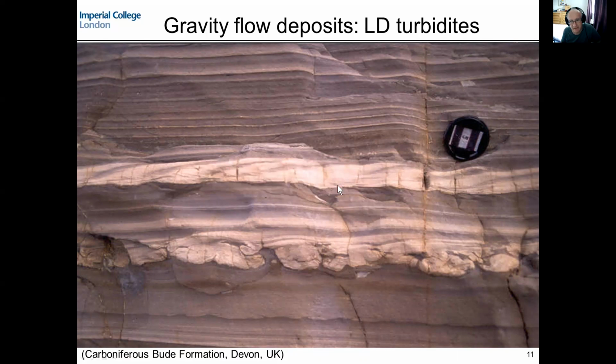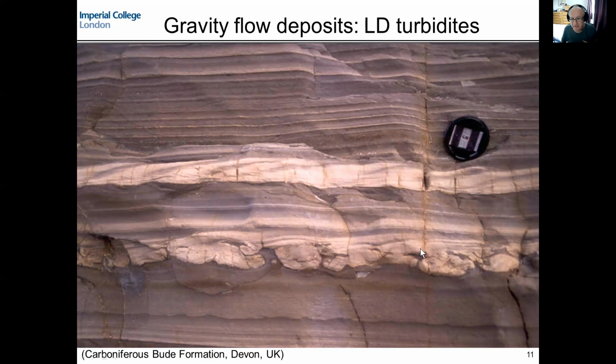They overlay a thin parallel laminated interval. So parallel lamination represents high velocity, then ripples representing lower velocity, then siltstones and mudstones above representing lower velocity still. So this would be an example of a low density turbidity current.